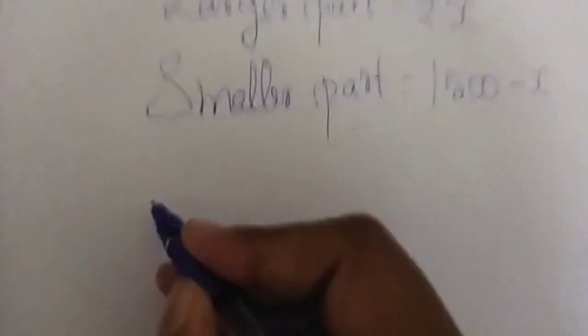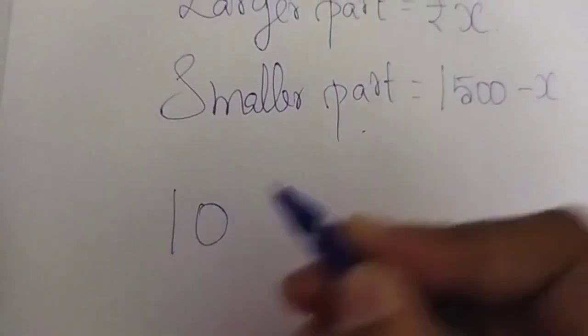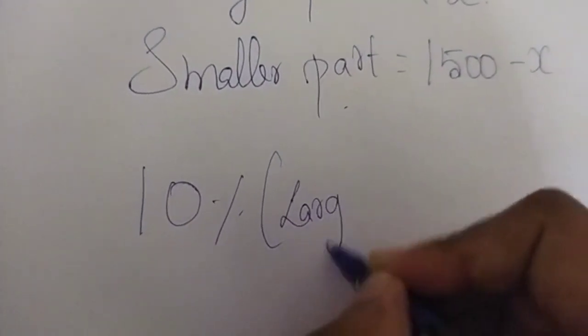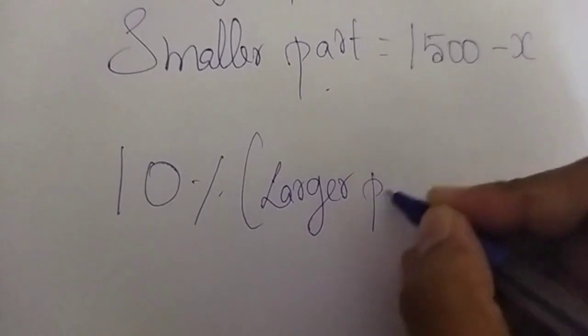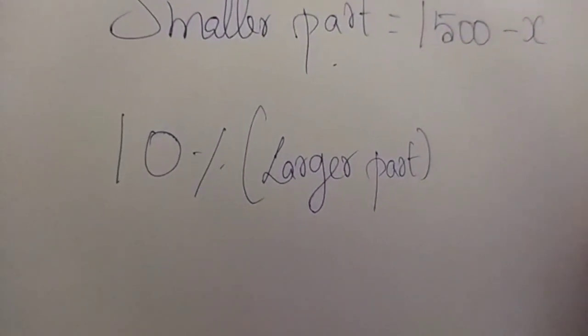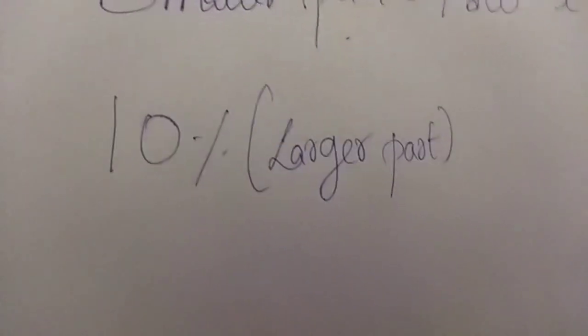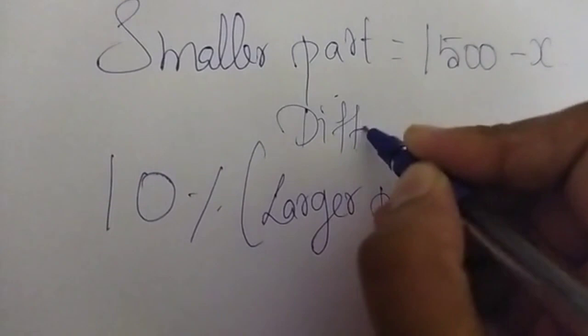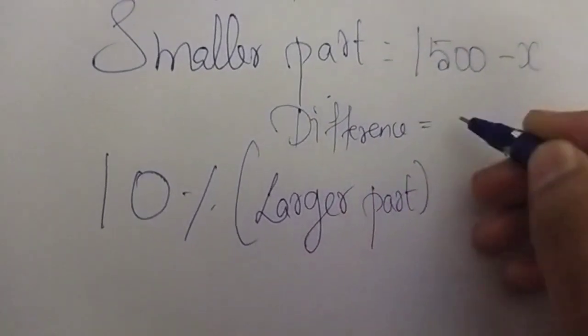It is given that 10% of larger part exceeds 8% of smaller part, that is the difference between them is rupees 60.